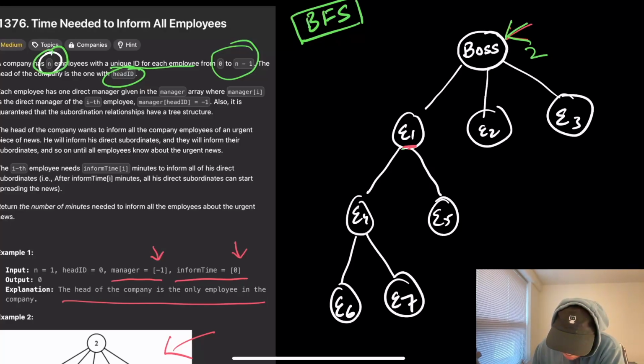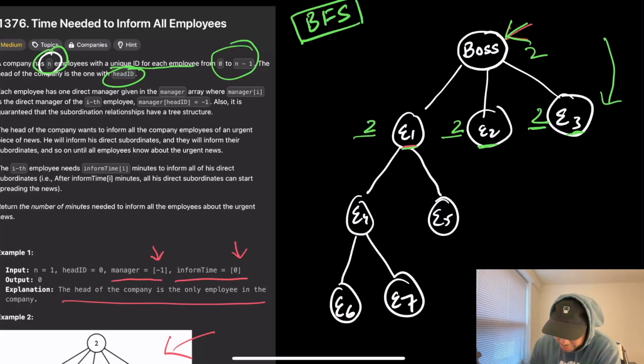So by the time we reach all these employees, it's already been 2 minutes for each of them. Now we're going level by level. If the boss is level 1, then we took 2 minutes to reach level 2. But these employees don't need to pass any further information.